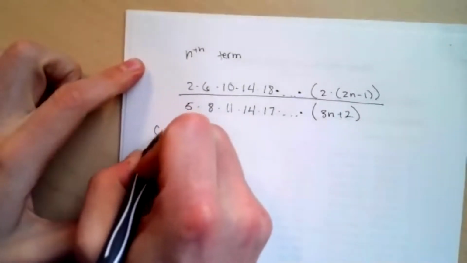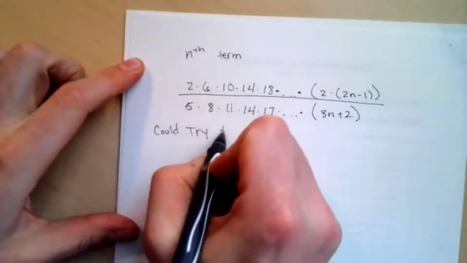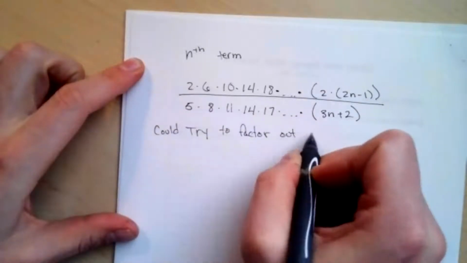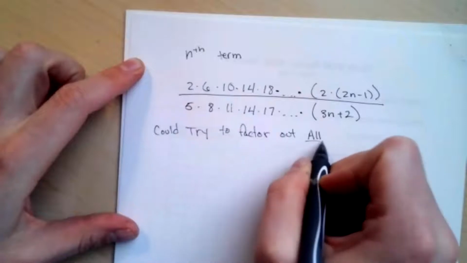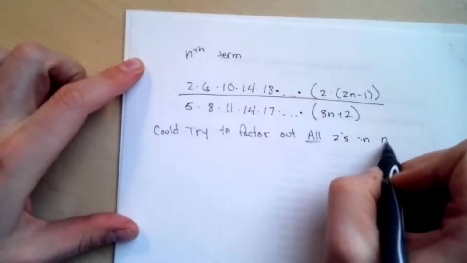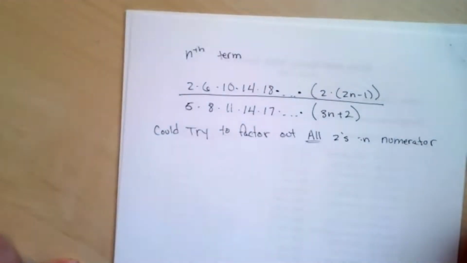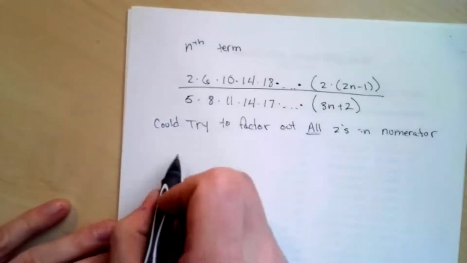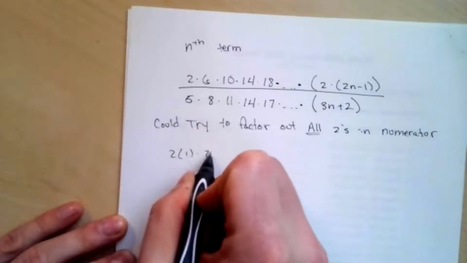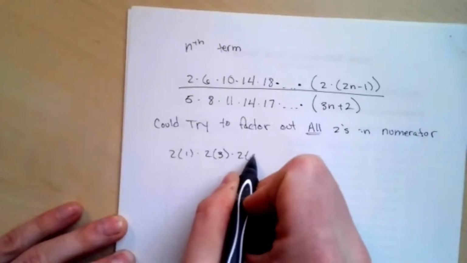We could try to factor out all 2s in the numerator. How would that look? Then I would have a 2 times 1 times 2 times 3 times 2 times 5.